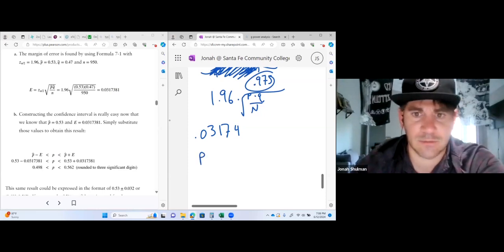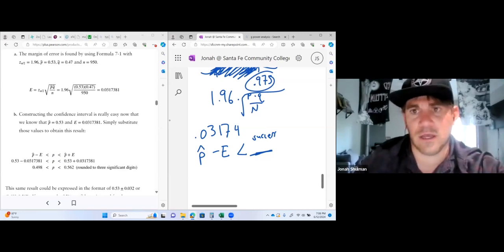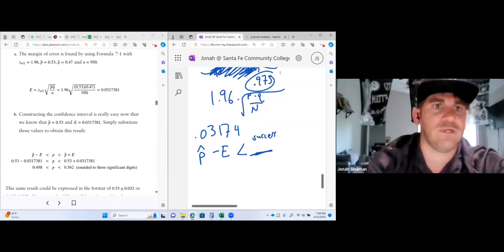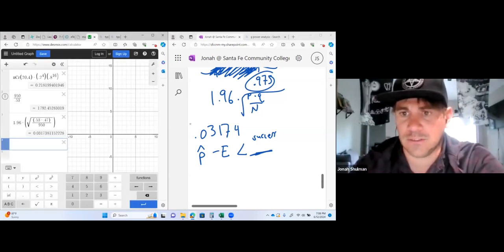But basically, we're going to be confident between what? Minus E. This is our mean. Basically, this is just going to be the mean that we want. So this is our success of it happening, which we already know that we got, which I believe was 0.53. Yeah, 0.53. That's what this is.